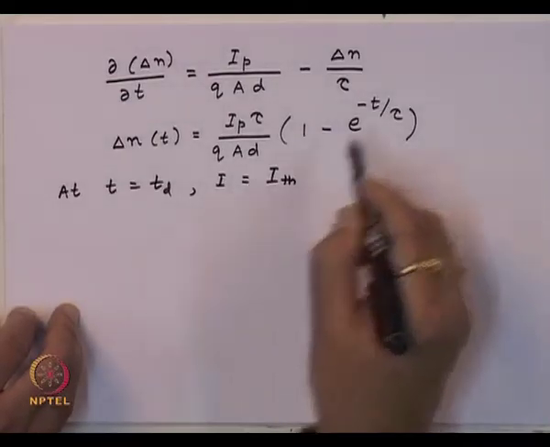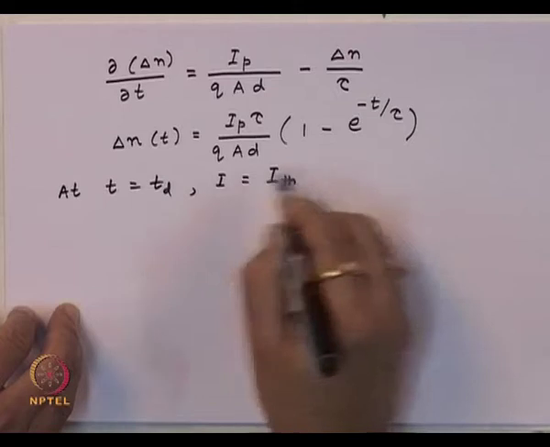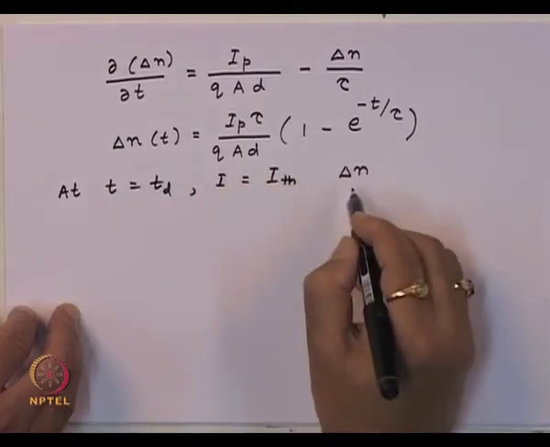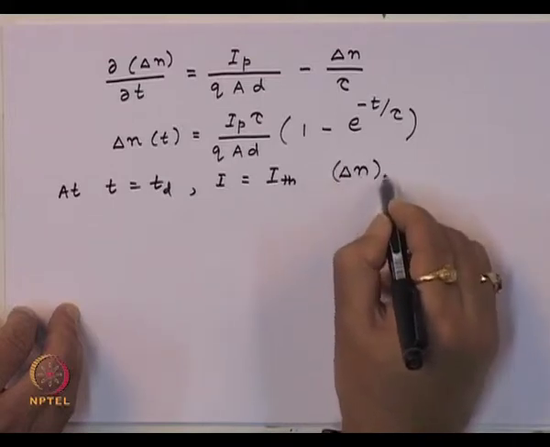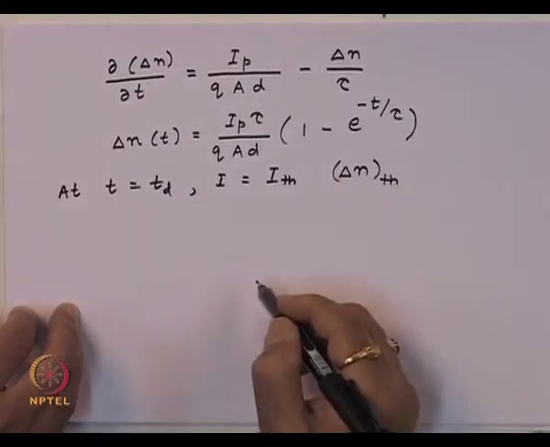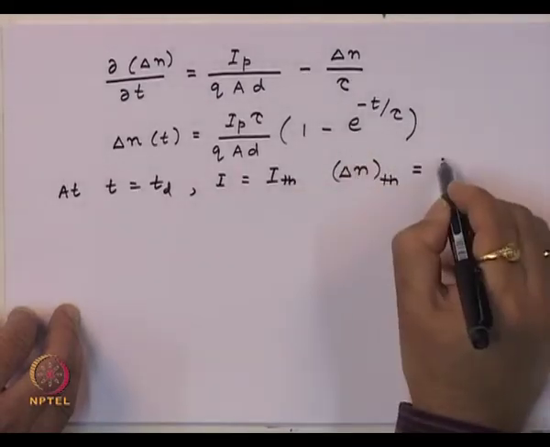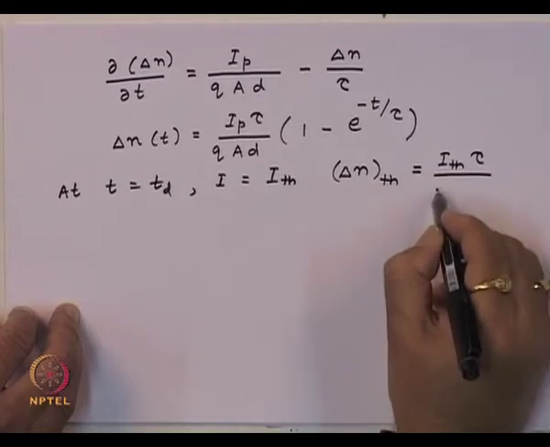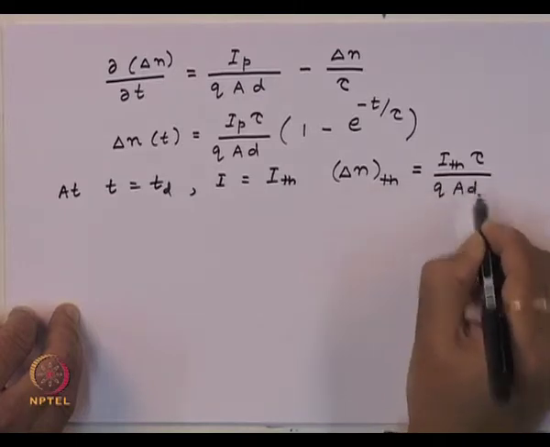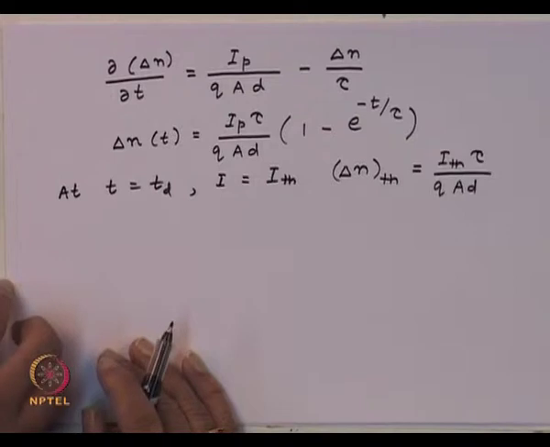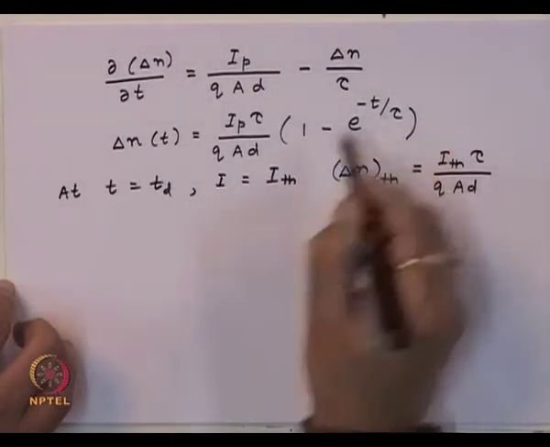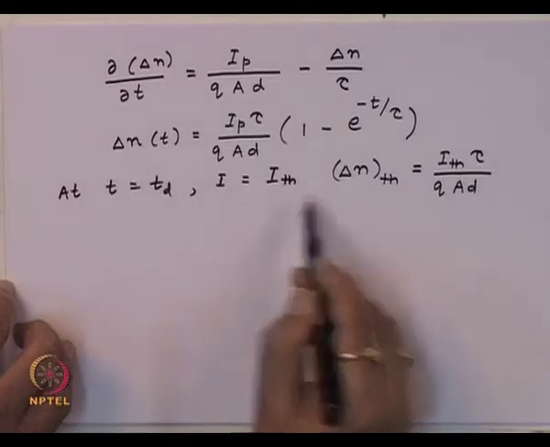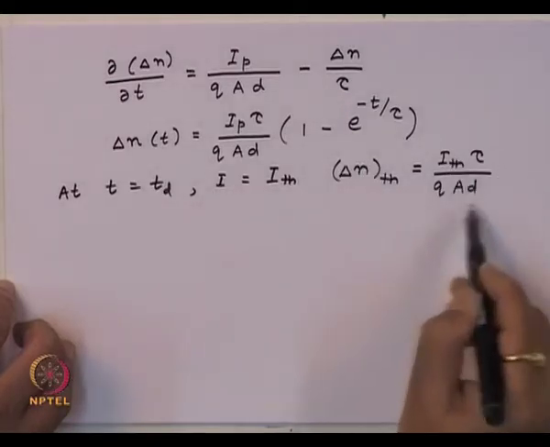If I take this and substitute, you will see that delta n threshold, if you calculate, will correspond to I threshold tau divided by Q A d. So, after t equal to T d, the current should reach the threshold current, that means the carrier density should reach this value.